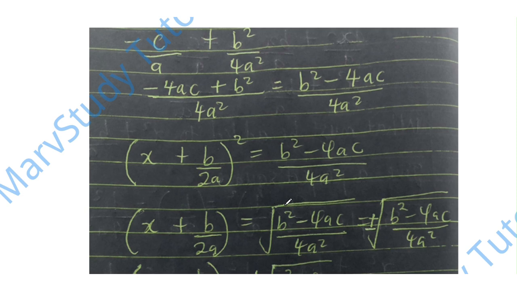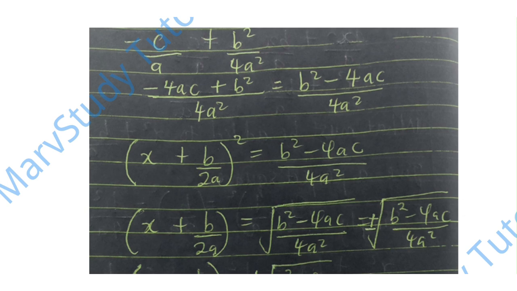We have plus or minus the square root of b squared minus 4ac all over 4a squared. And that's why we have a plus or minus here, because there are two solutions to this. You could either have a positive number squared to give a positive number, or a negative number squared to give a positive. So there are two possible solutions.